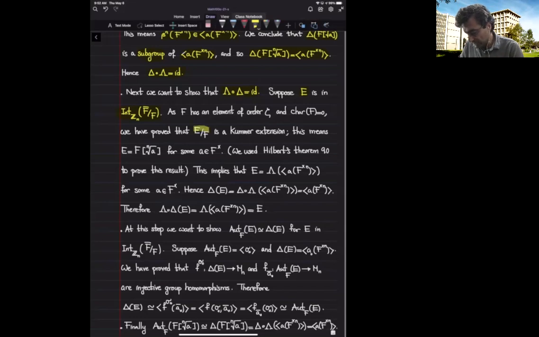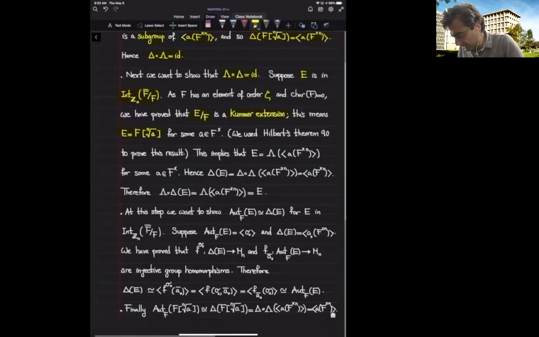So we used Hilbert's theorem 90 to show that if my base field has enough roots of unity, and my extension is cyclic, it's a Kummer extension, which means that E is F joined with nth root of A. Okay, this is what we had earlier.